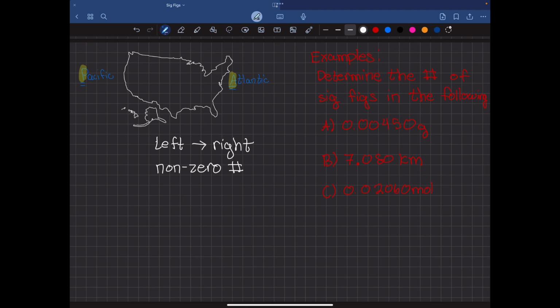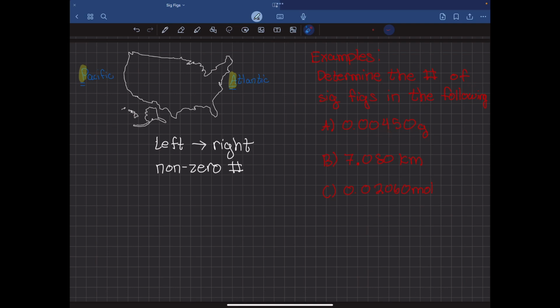Now, let's give it a try. Example A. We have a 0. That does not count because it's not a non-zero number, so we go to the next one. 0, again, not a sig fig. Again, 0, not a sig fig. Here we are, 4.